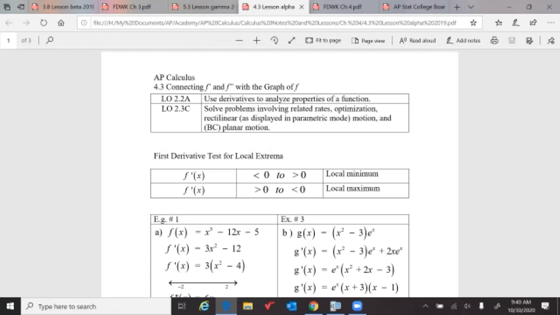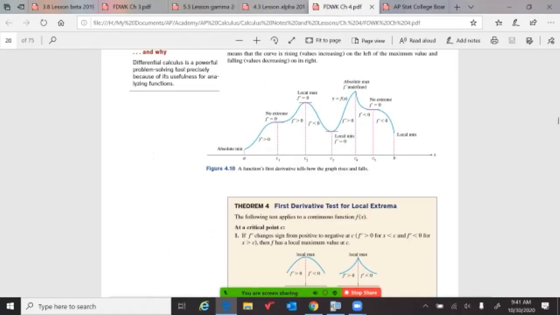All right? And there's a picture in the book, which is kind of helpful, on page 205. We're telling you that in this case, as we start from the left, between A and C sub 1, f prime is greater than 0.